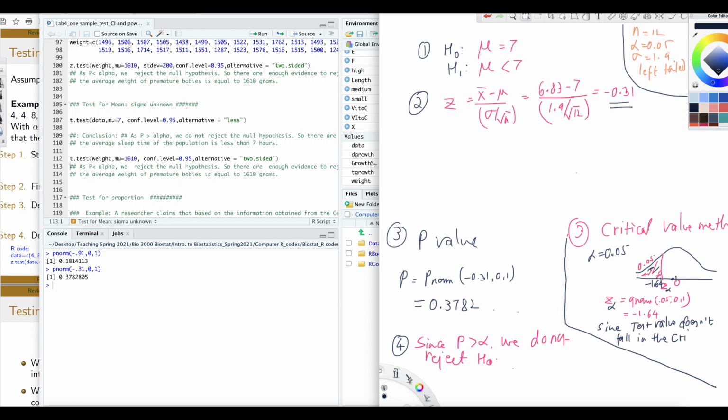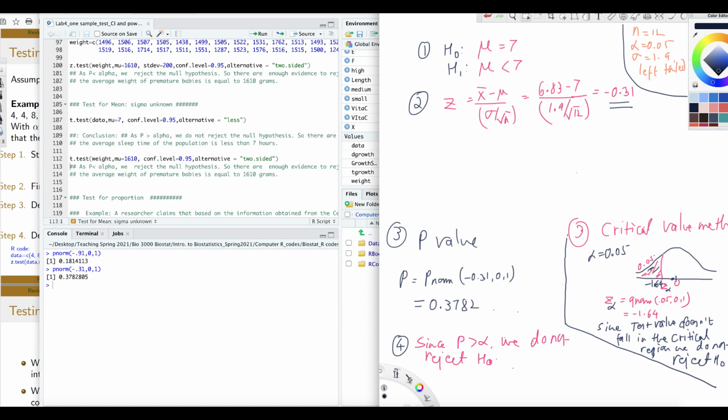This shaded region is also called the critical region. So this is the method that you saw in statistics class. We do not reject H0. All right, now I want to write the conclusion. Both methods gave the same decision, meaning we do not reject H0.